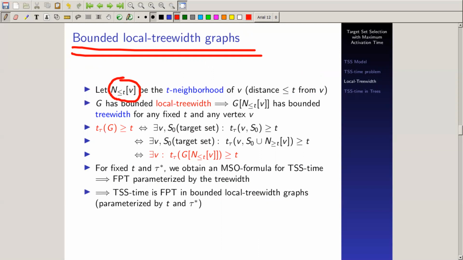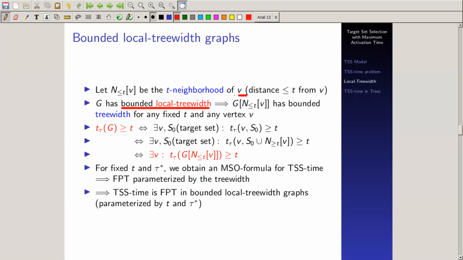Let N at most t of v be the t-neighborhood of v, the vertices at distance at most t from v. So if G has bounded local treewidth, we have that the subgraph induced by the t-neighborhood of any vertex v has bounded treewidth for any fixed t. So if the maximum activation time of a graph G is at least t, then there is a vertex v and a target set S0 such that S0 activates the vertex v at time at least t.